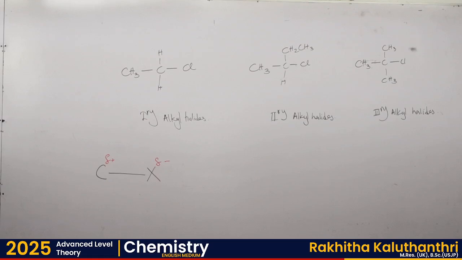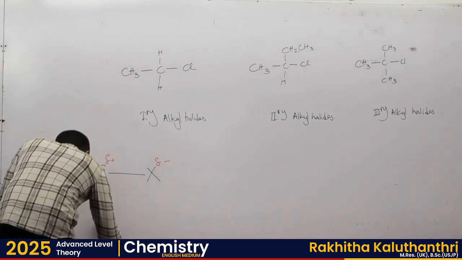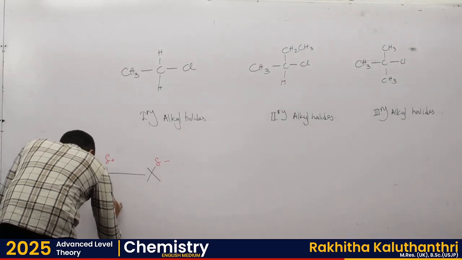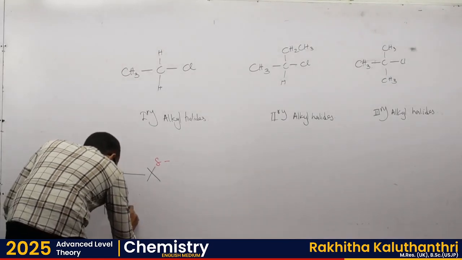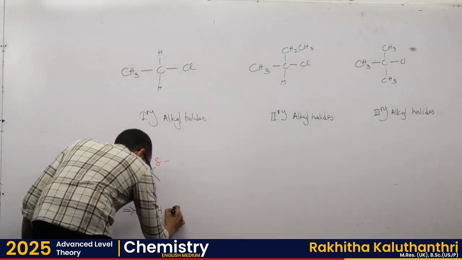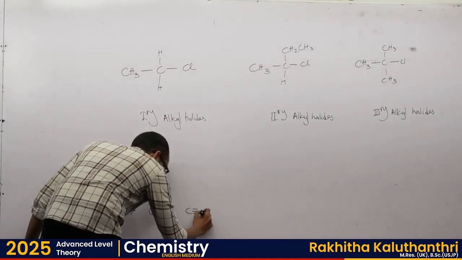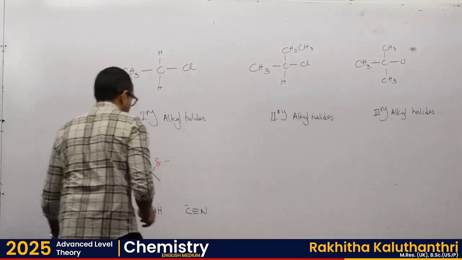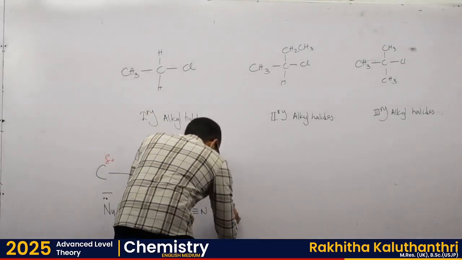You can write, alkyl halides have a carbon halogen bond that is quite polarized.